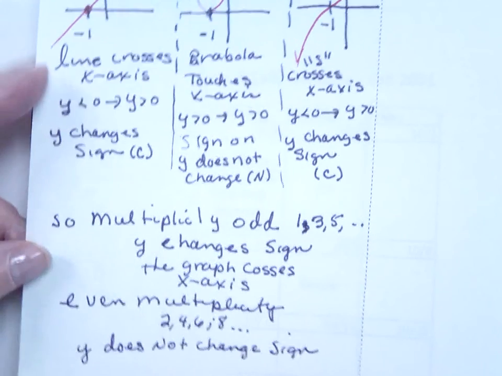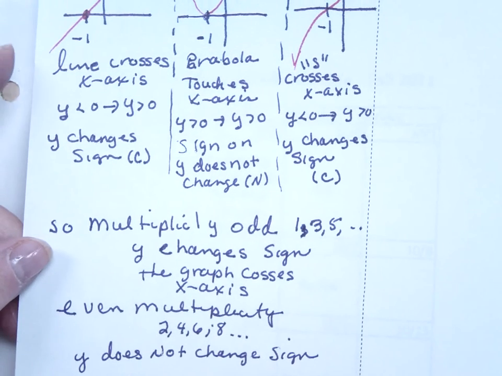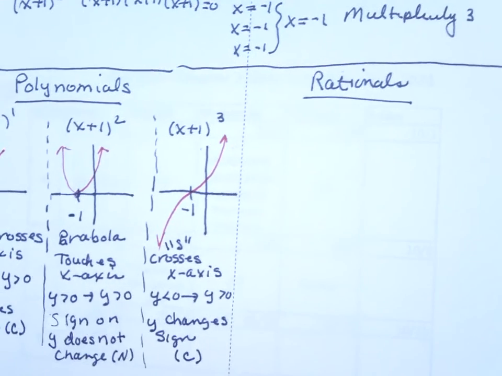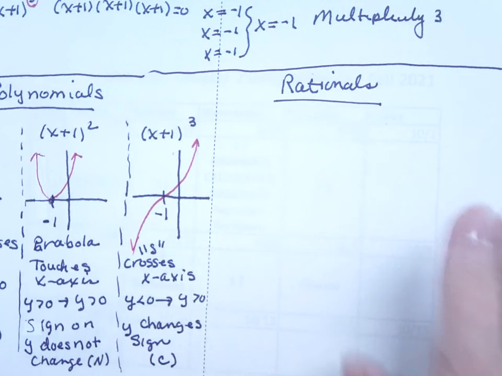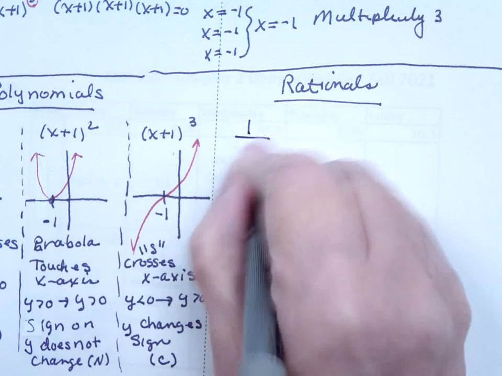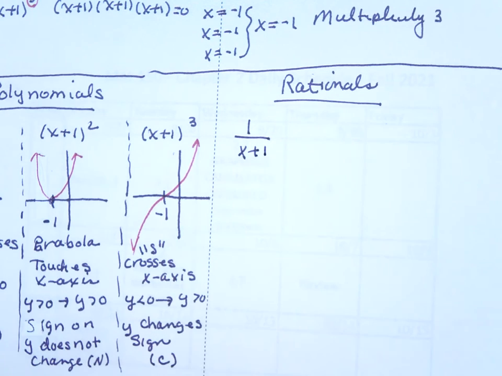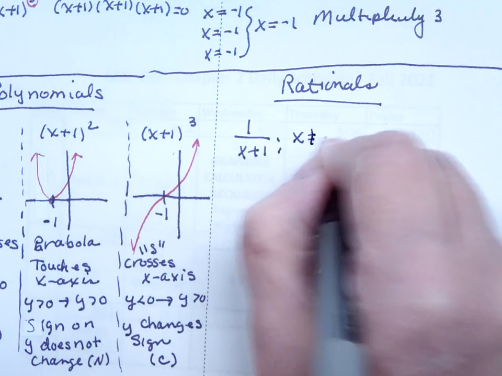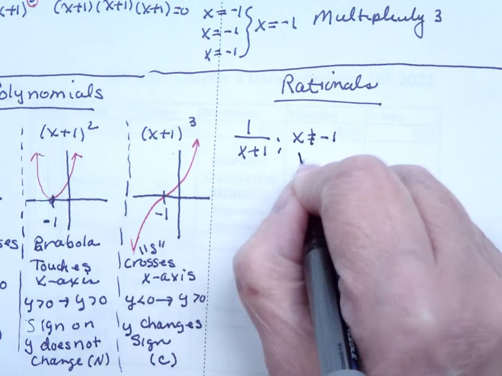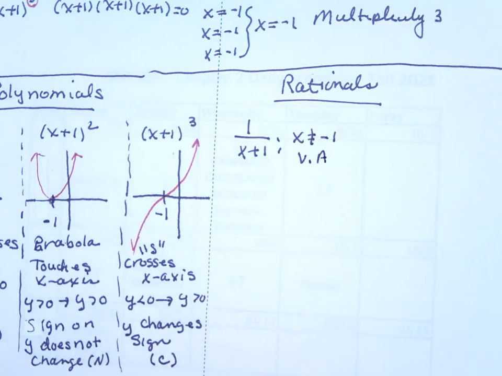Well, what's that mean in terms of the rational functions? Well, if I'm trying to look at the rational functions, and I look at 1 over x plus 1, he's a rational function. X can't be negative 1. This is a vertical asymptote, or VA.